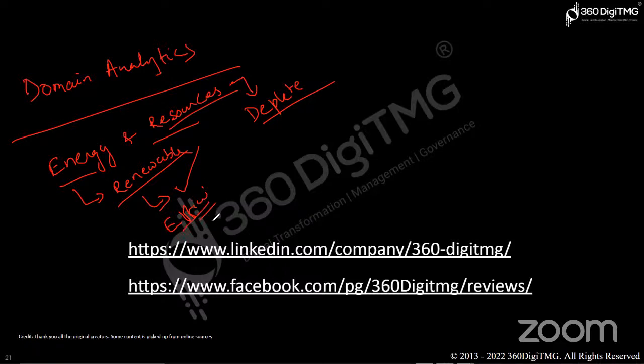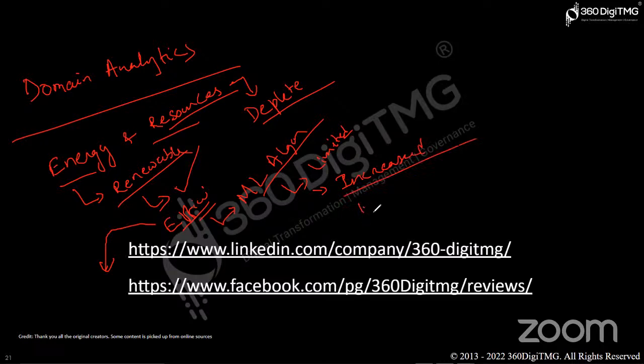ML algorithms are doing their part. Machine learning algorithms are doing their part to increase the efficiency, but it is a limited efficiency we can increase. If we change the process, maybe we'll get better efficiency, but with ML algorithms we will eventually get increased efficiency, meaning the losses will be limited.